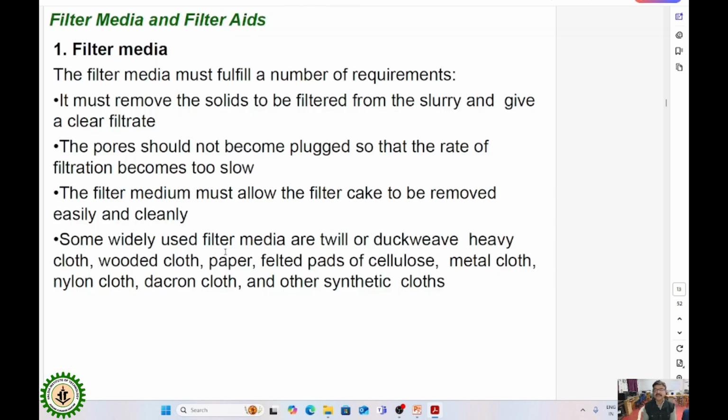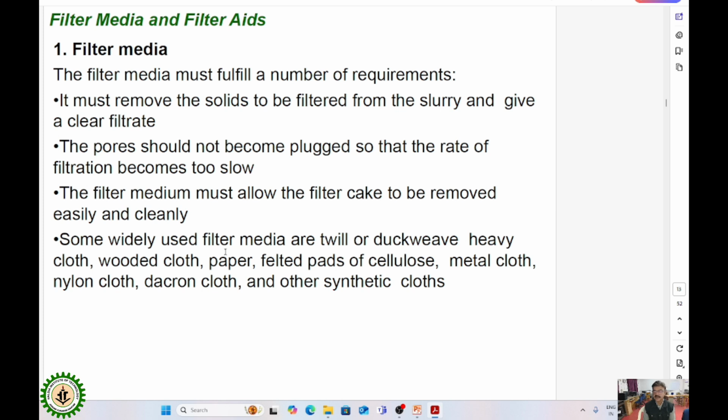Filtering media and filtering aid. Filtering media generally means woven cloths. In most cases, you will find woven cloths used as the filtering media. That may be cotton cloth or nylon cloth, depending on the nature of the slurry.